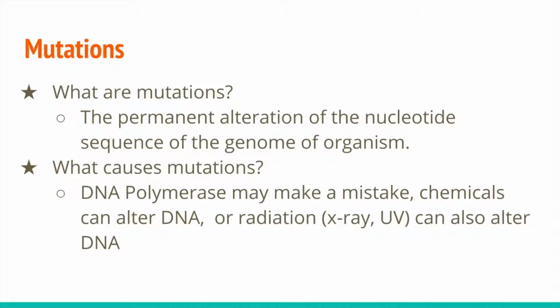Radiation, such as X-rays and UV or ultraviolet radiation, which comes from the sun, can also alter your DNA. Most of the time we find results of these mutations, they form into cancers. So like skin cancer or lung cancer, those are examples of what we see in our bodies as a result of mutations.